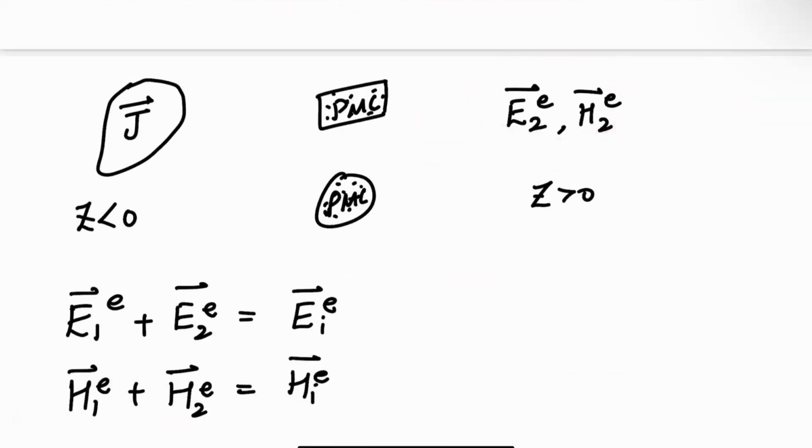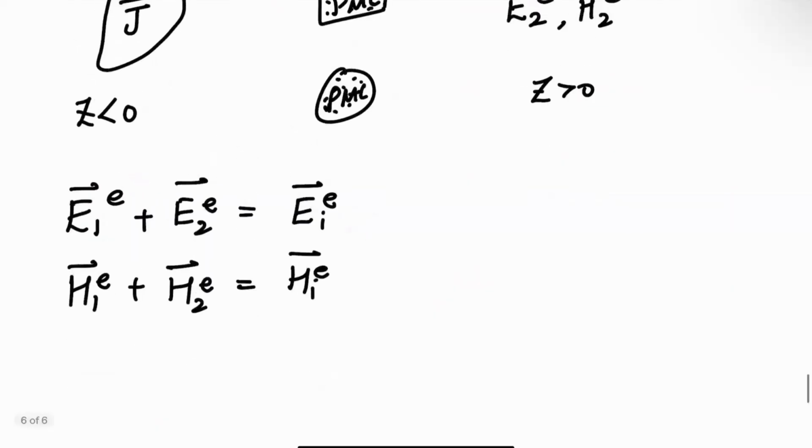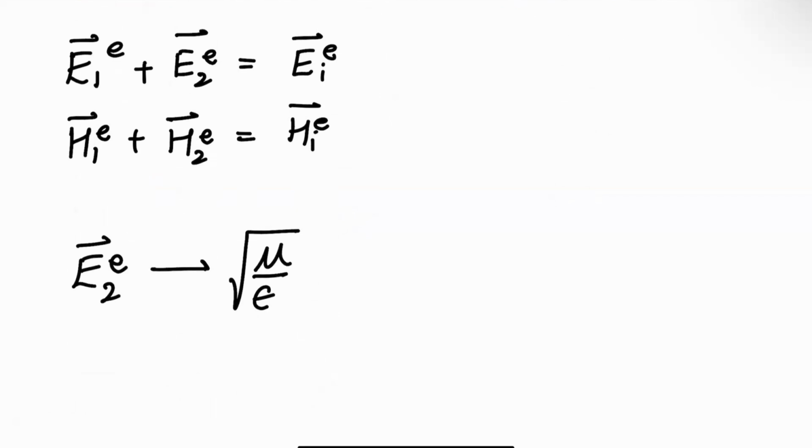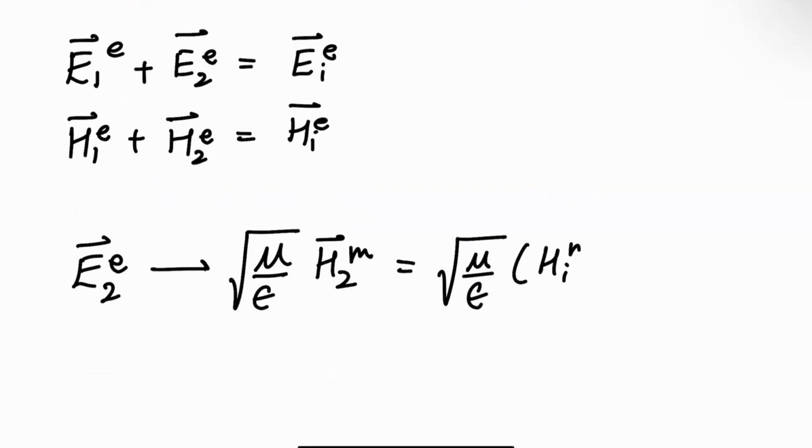You have to apply it to the sources, to the scatterers, and the fields. So when I do that, what does that mean? What is the duality relationship between those two fields? E2E is dual with square root of mu over epsilon H2M, but that is equal to square root of mu over epsilon times HIM plus HSM.